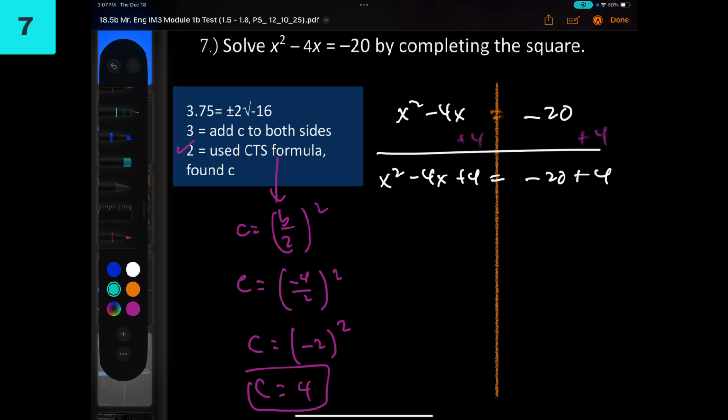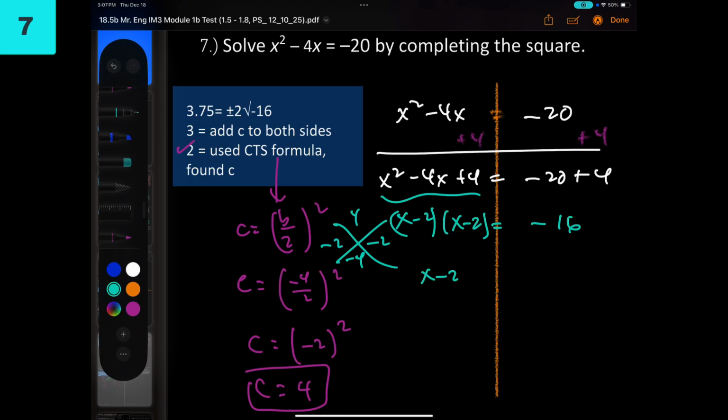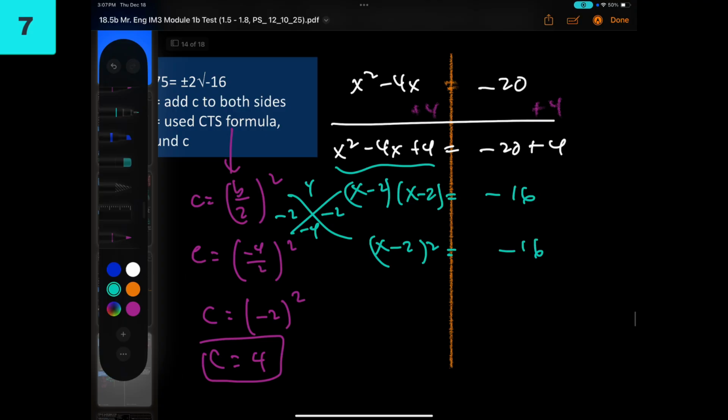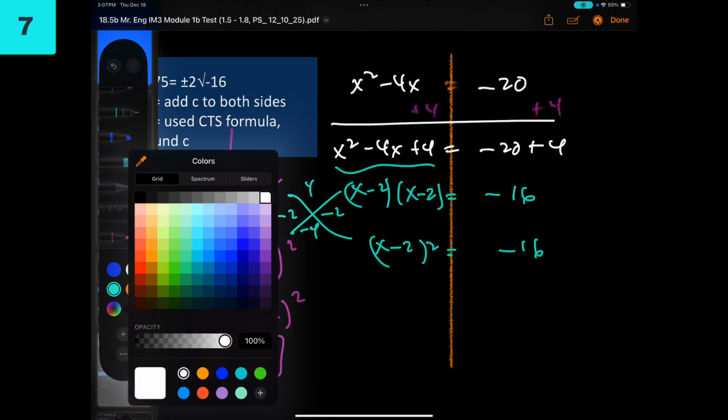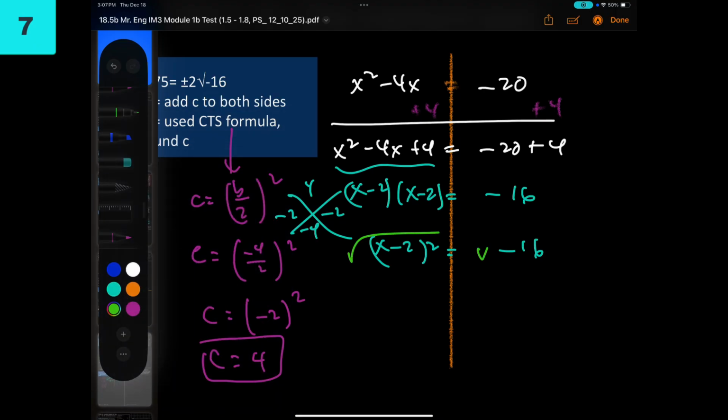Okay, so if you factor this, you're going to get x minus 2 times x minus 2. And that becomes -16. So that becomes x minus 2 squared equals -16. Okay, now we're going to take the square root. Now when you take the square root, the next step in your answer has to have a plus or minus. So you have x minus 2.